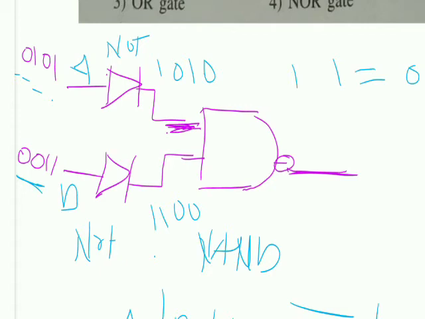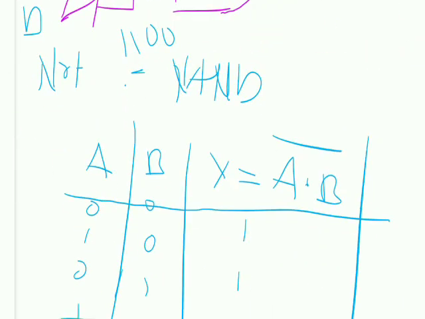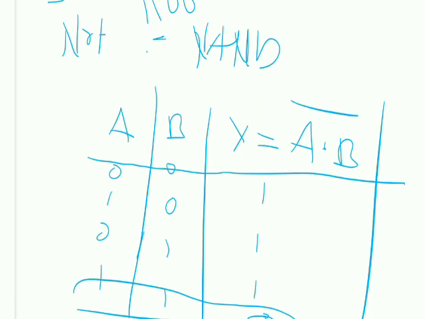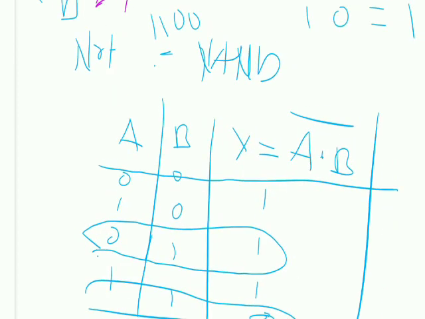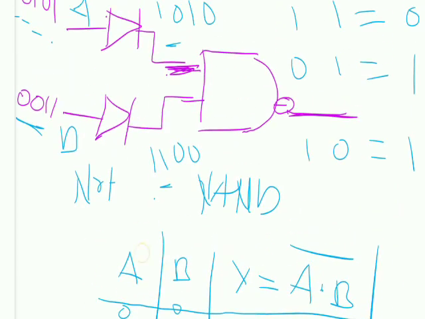Again 0 1 0 1 gives 1, and 1 0 gives 1, 1 0 1 0 0 also 1.